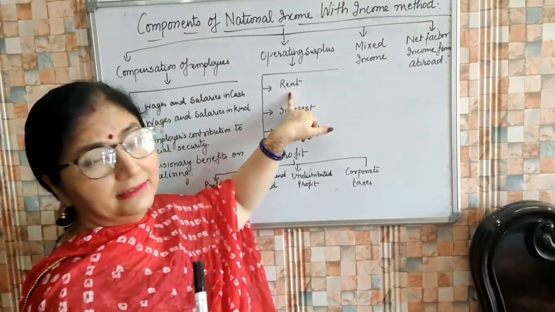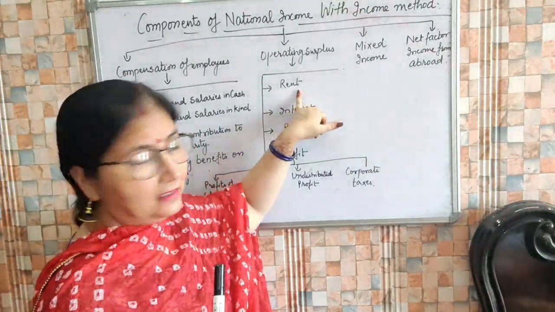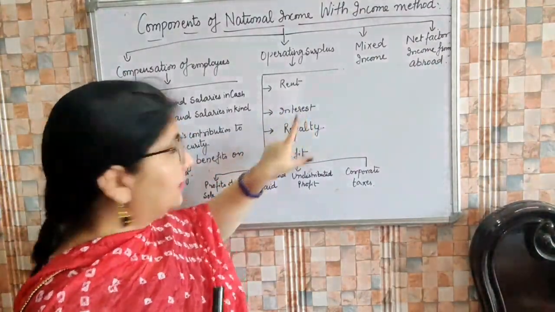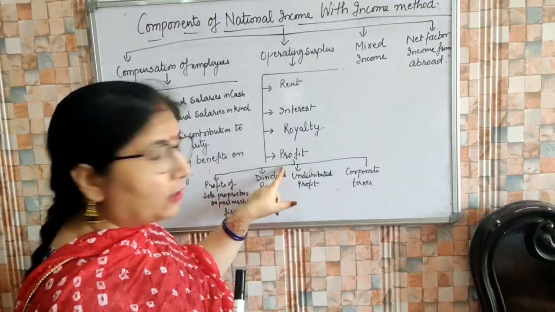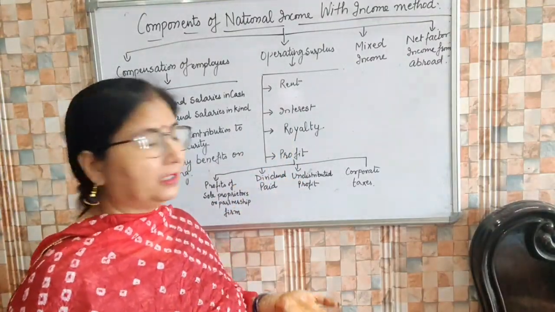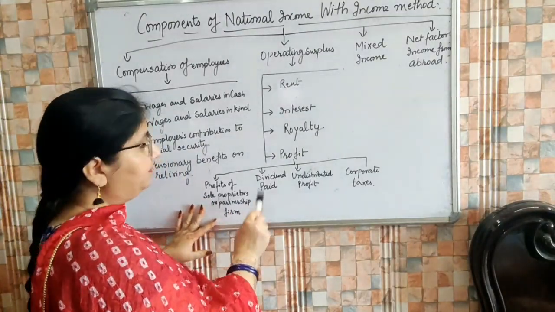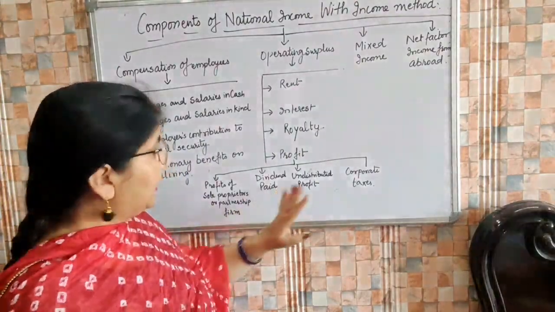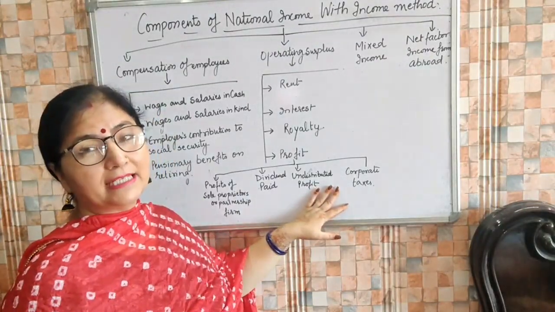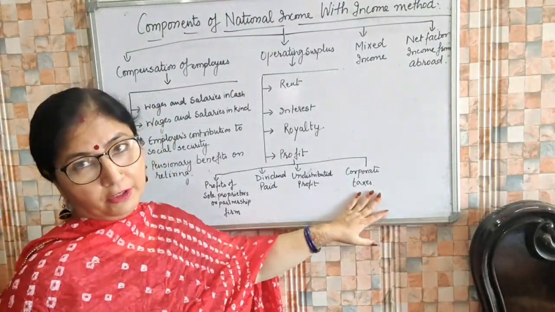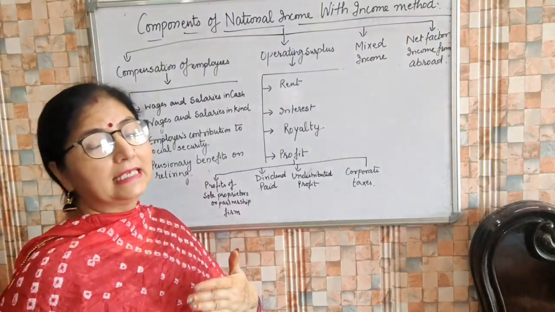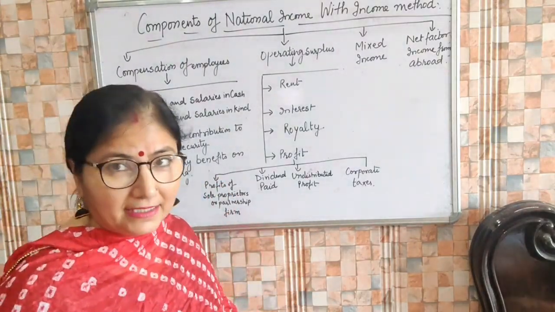Okay, also it will be including rent, it will be including interest, royalty and profit. Profit is also having some important points, that is profit of sole proprietors and partnership firm, dividend paid, undistributed profit, that is also known as retained profit, and corporate taxes. So that will give us the operating surplus.